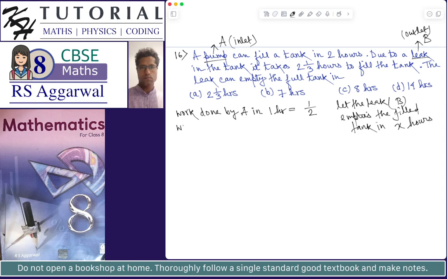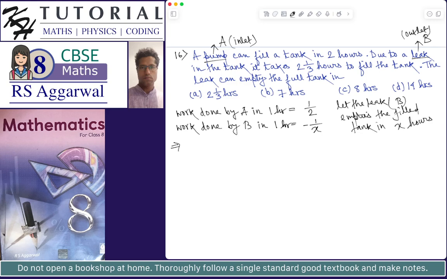So we can say that the work done by B in 1 hour will be negative of 1 by X. Since we have assumed that the leak will take X hours to completely empty the filled tank, and since it's a leak, it will do negative work. So the work done by B in 1 hour is minus 1 by x.